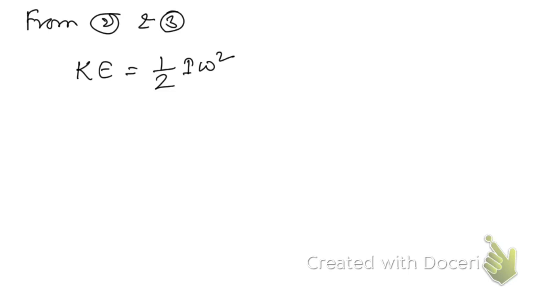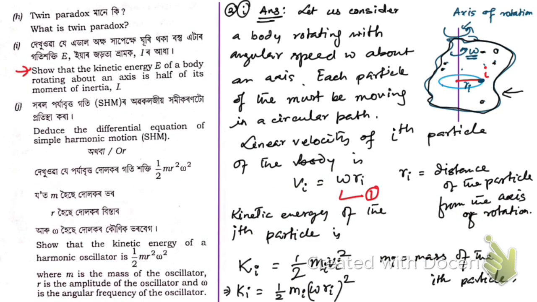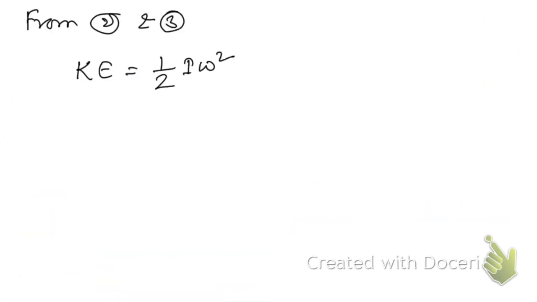Now you see, let me go back to the question. Here it is given that the kinetic energy E of a rotating body about an axis is half of its moment of inertia. Actually it is not half of its moment of inertia, it is half of its moment of inertia into the square of its angular velocity.